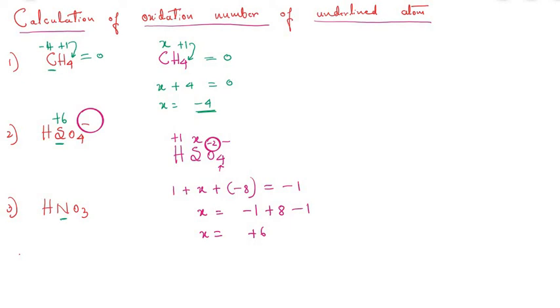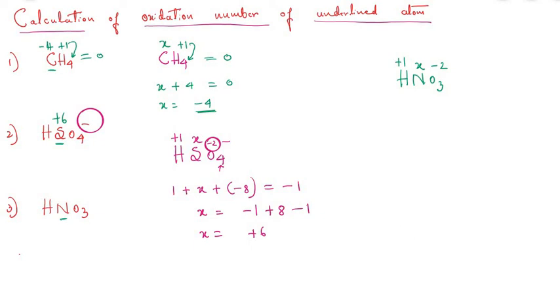Similarly, we have to calculate for this nitrogen here in HNO3. So I'll write here HNO, how many times? 3 times. So to find X here, that is for nitrogen. Oxygen I know, that is -2. Hydrogen I know, that is +1.